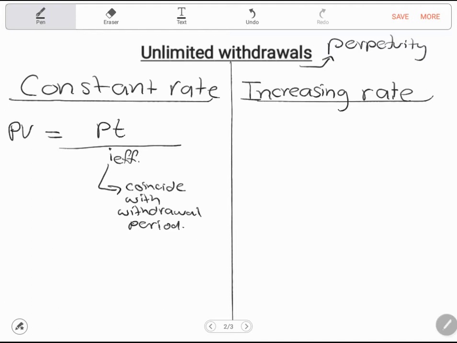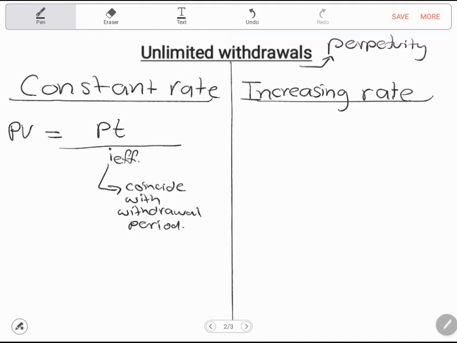Usually this occurs when you have an annuity or an insurance annuity when you are retired. What the insurance company would do is give you an amount of money every period, maybe every year or every month, until you die.